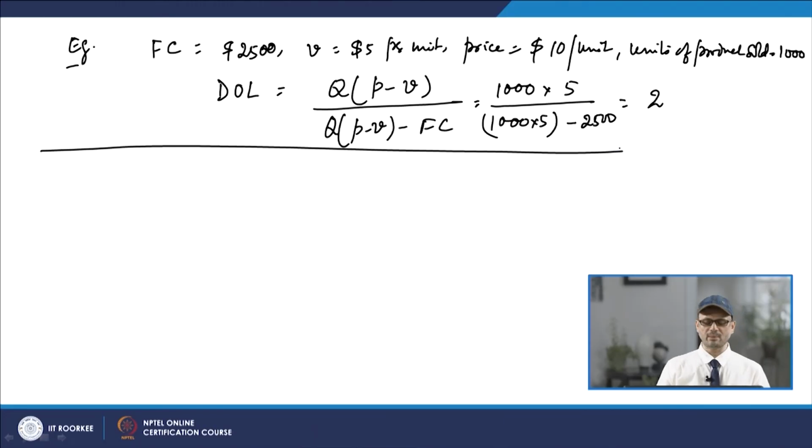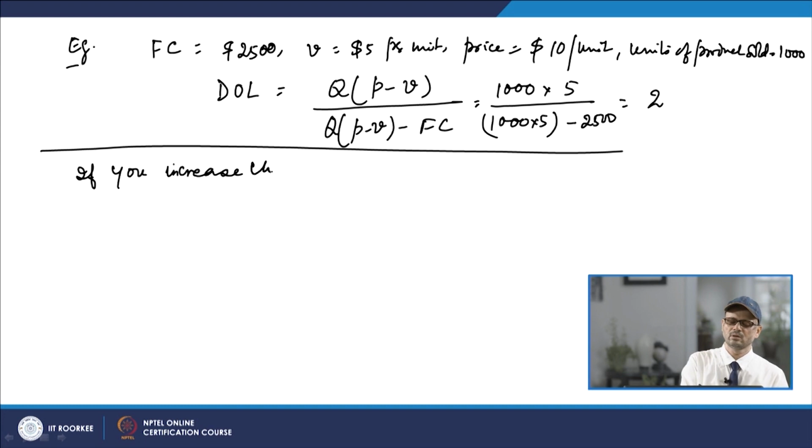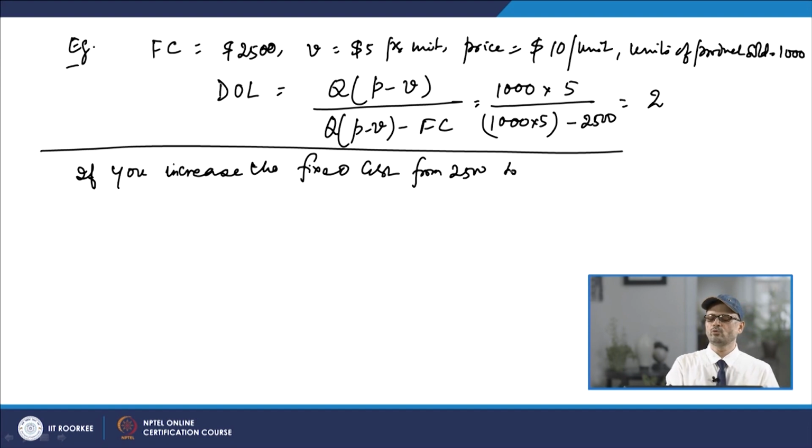Now, that can be understood by extending this example and seeing how that situation comes. Suppose in the same example, you increase the fixed cost from 2500 to 4000.